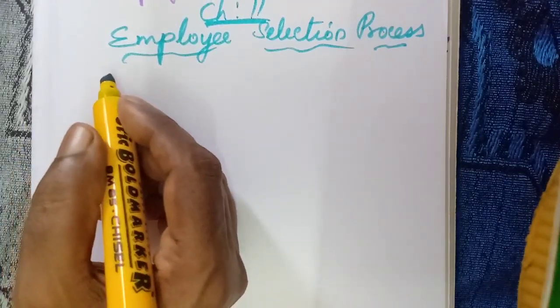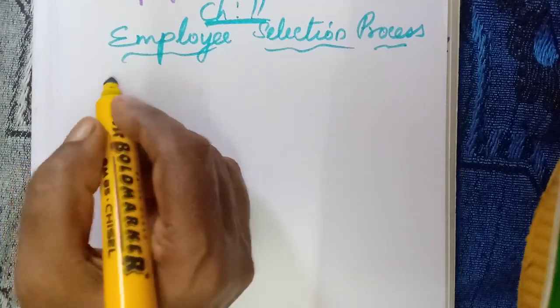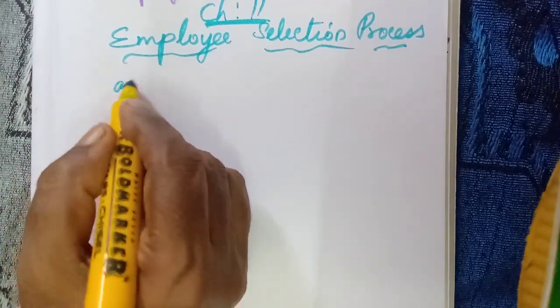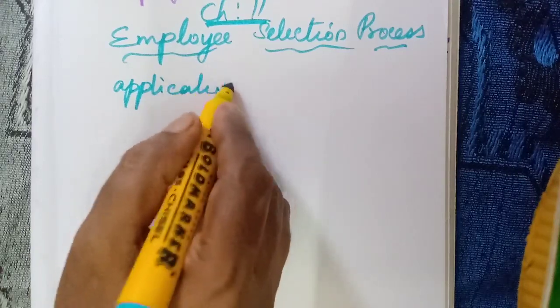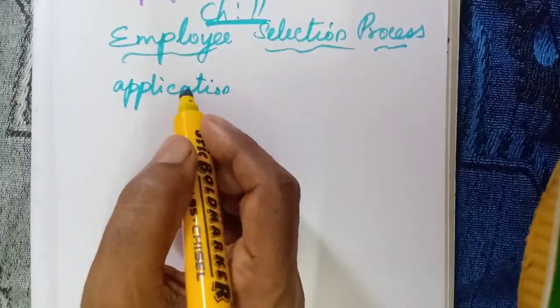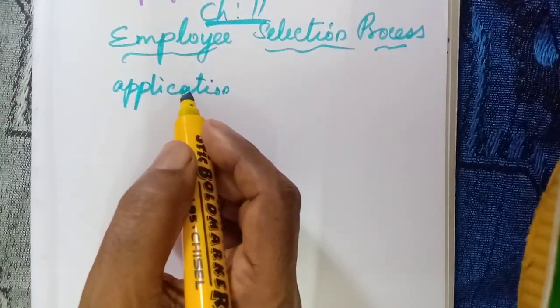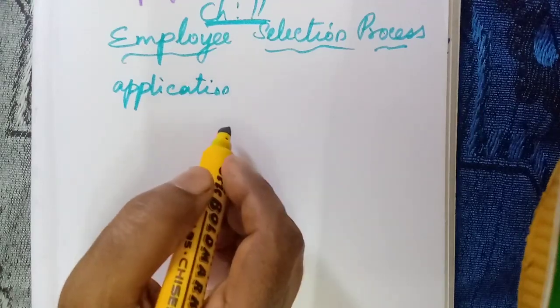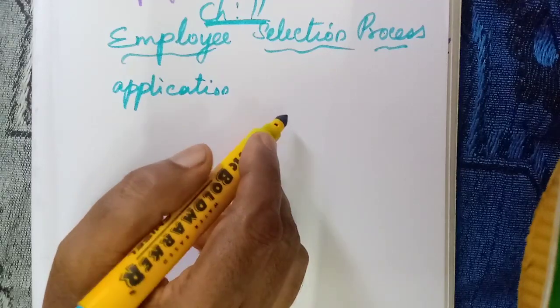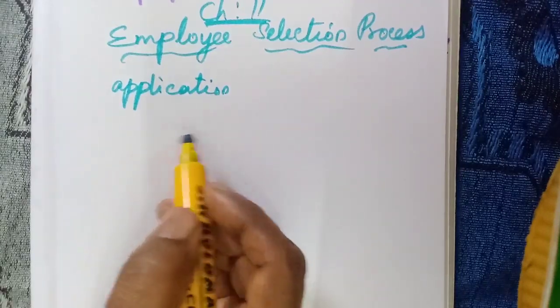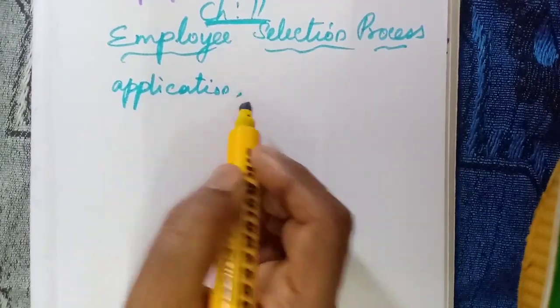First they do the scrutiny of applications. The applications will be scrutinized and shortlisted. They will read the applications, and they may reject some of them.